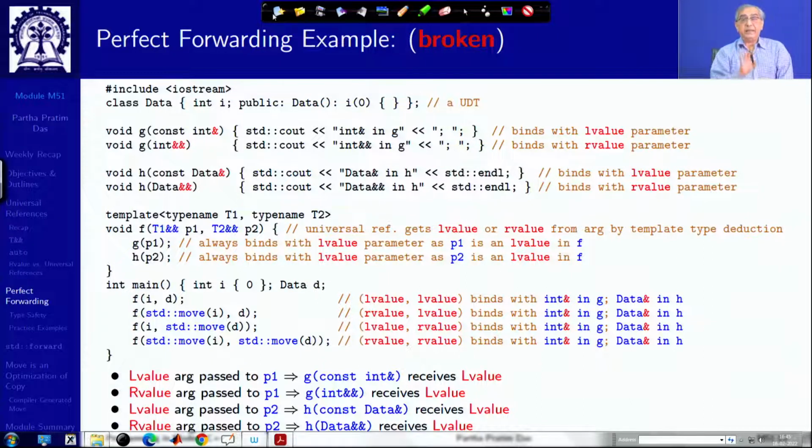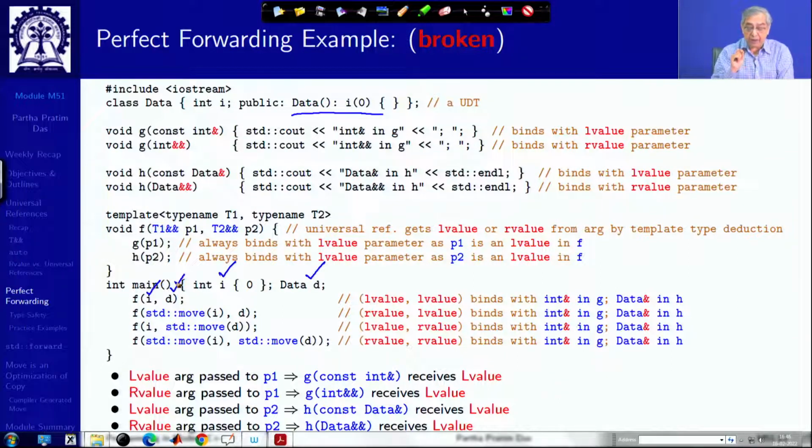Now, let us see if I try to create two variables, i of int and d of data. d has a default constructor, so that is what will get generated. We are not really bothered about what the values are, we are more bothered about the actual binding of the functions. So, if I do f(i, d), that means I am passing an L value parameter as p1 as well as an L value parameter as p2, because both i and d are L values.